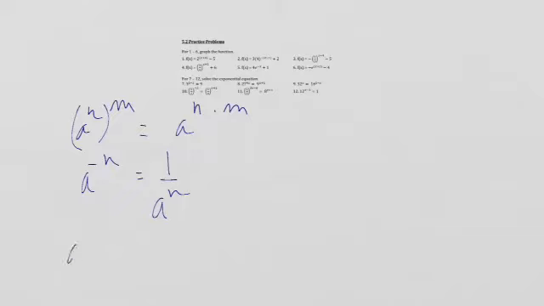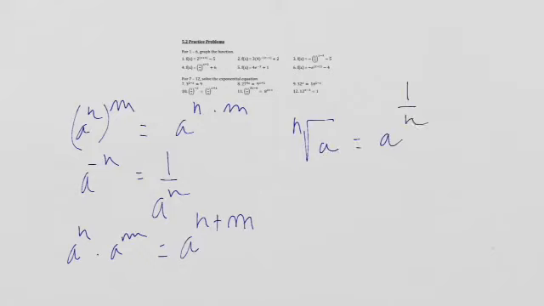The other one is a to the n times a to the m: when you have the same base, you get a to the n plus m. What else? Sometimes you have to deal with the nth root of a, which is equal to a to the 1 over n. And hopefully I did not forget anything.